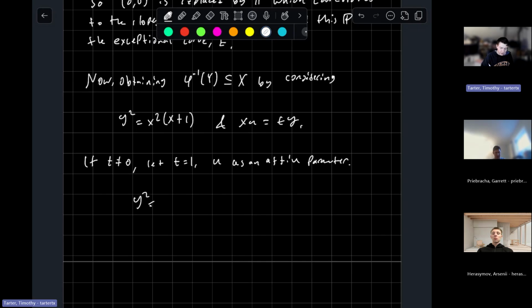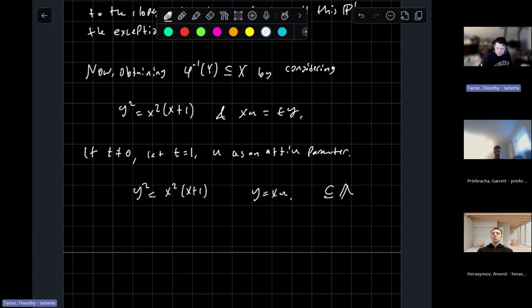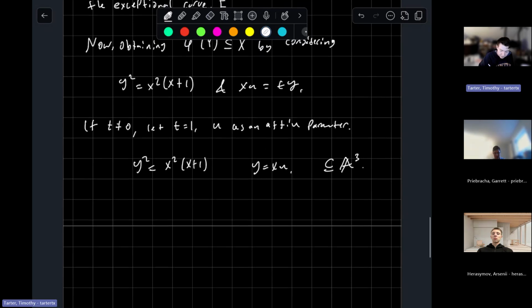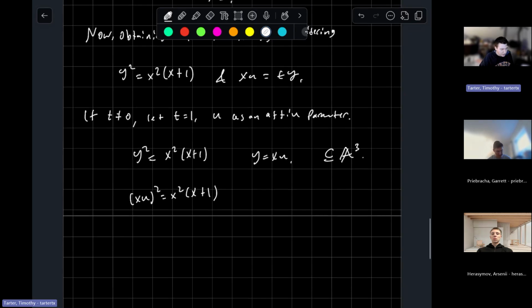Then y squared is equal to x squared times x plus 1, and y is equal to xu. And all of this is now in A3. Substituting, we get xu squared is equal to x squared times x plus 1.